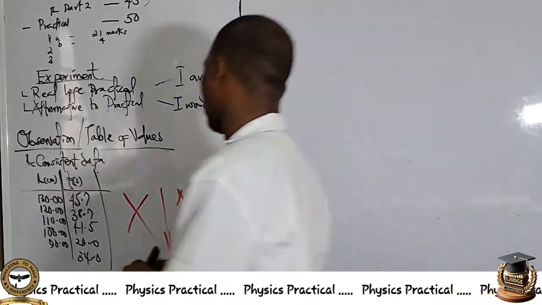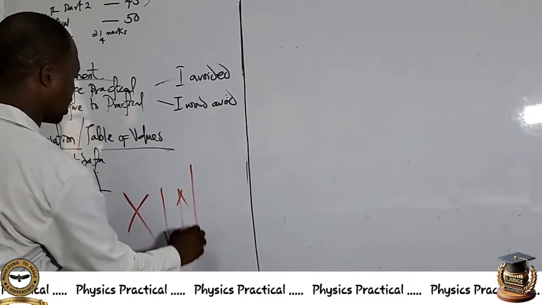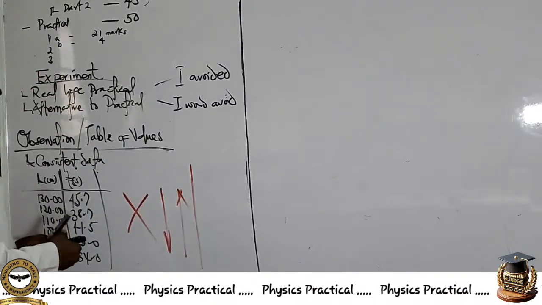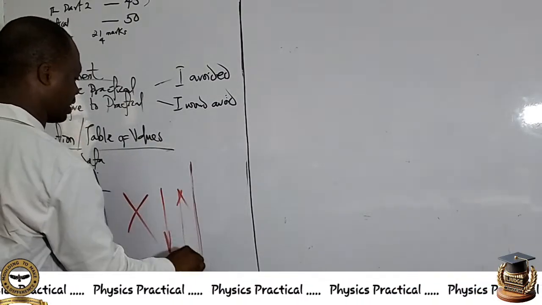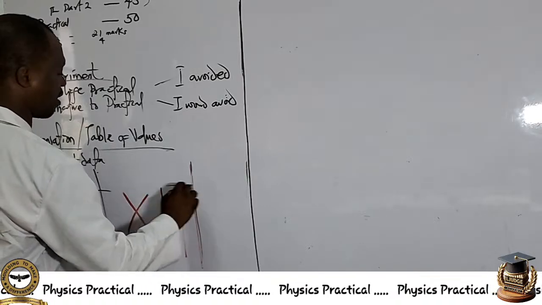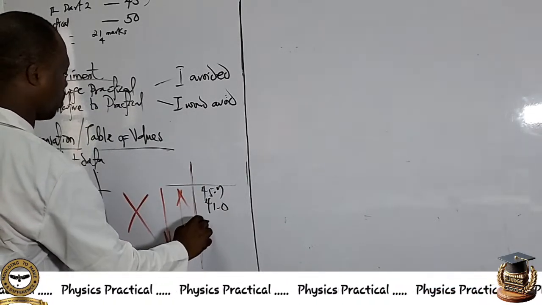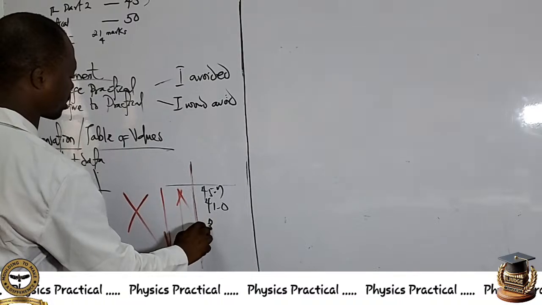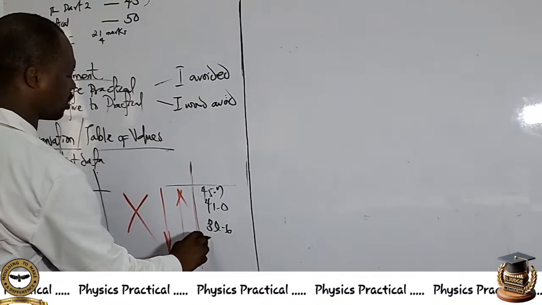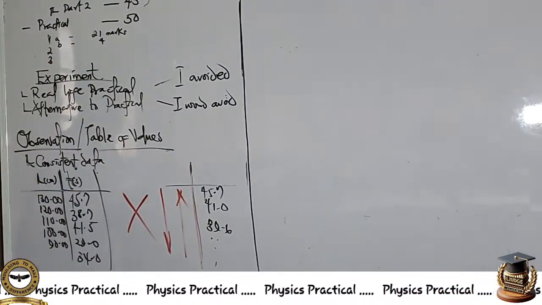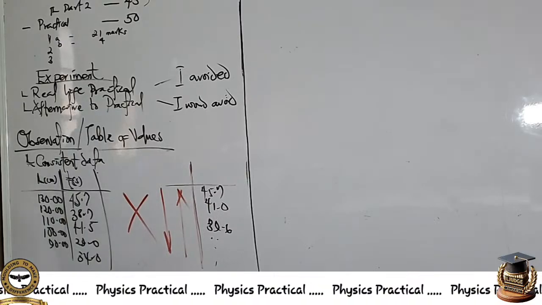So correct data, if you are giving the time, should be decreasing. You started from 45.7, 41.0, maybe 39.6, and so on and so forth. It should decrease, not increase and decrease at the same time.